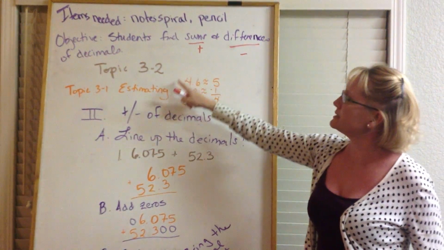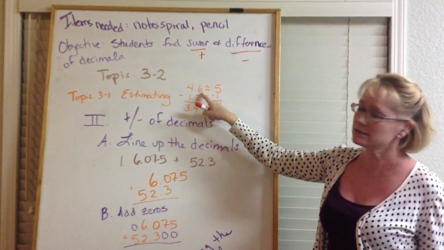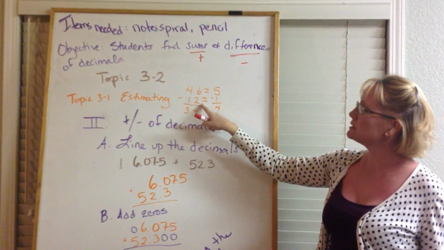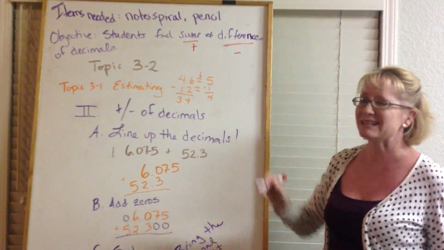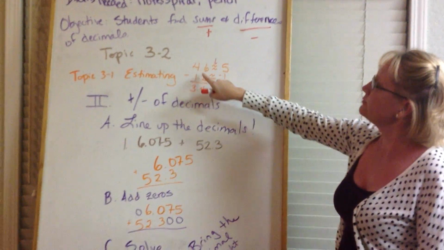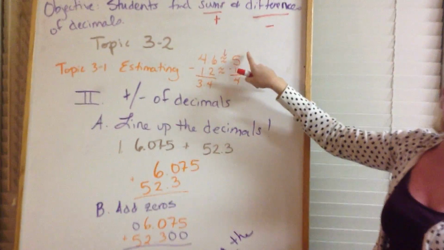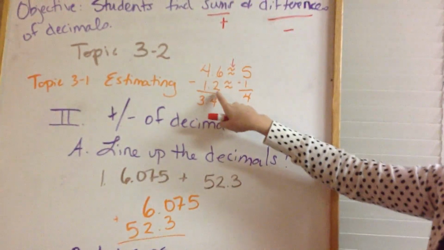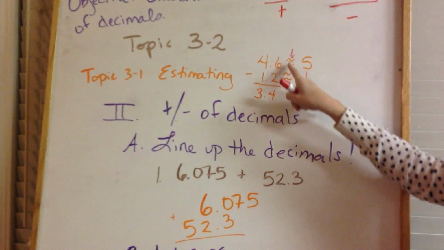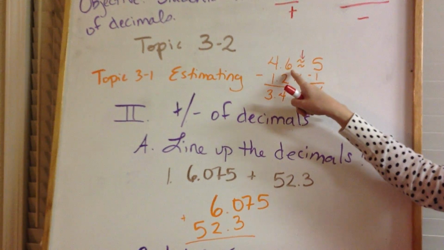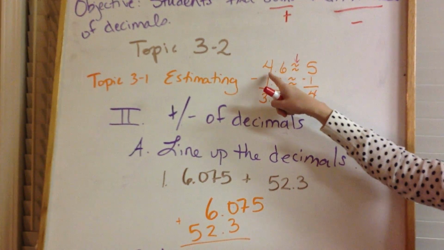If we had this basic problem, 4 6/10 minus 1 2/10, we're going to estimate. This little symbol right here in math means around. 4 6/10 is around 5. 1 2/10 is around 1. Now you need to remember that if the number next to the number that we're rounding is 5 or higher, we round up.